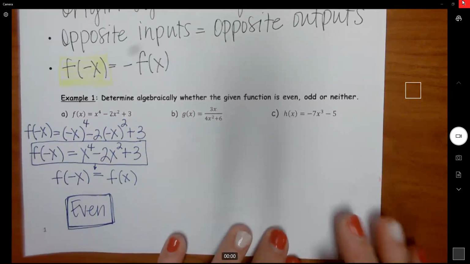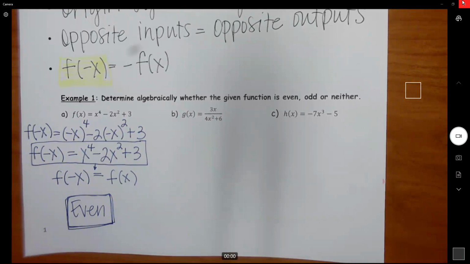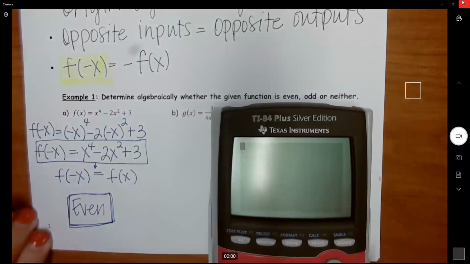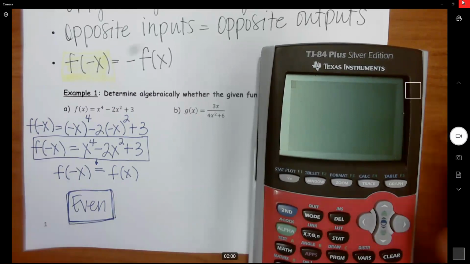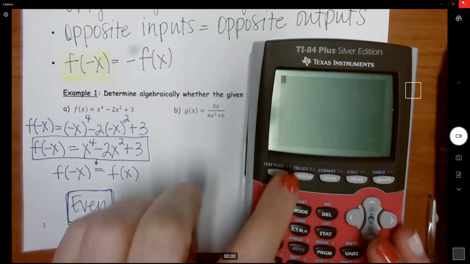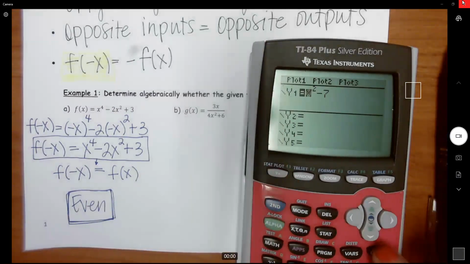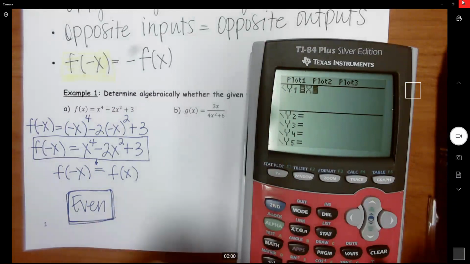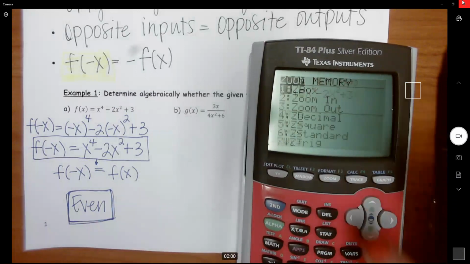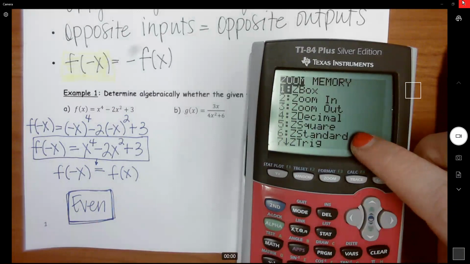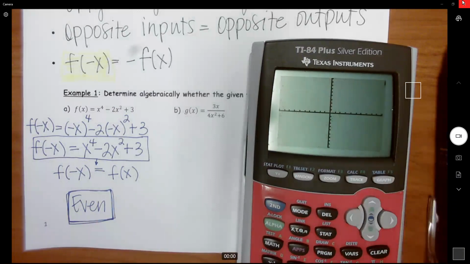You can kind of use your calculator here, and I say kind of, but you definitely can. You can use your calculator to help you determine if this is even or odd. So I'm going to go in here to graph this. And we've got x to the fourth minus 2x squared plus 3. I'm just going to start by graphing it on a standard window, so I'm going to go zoom 6.